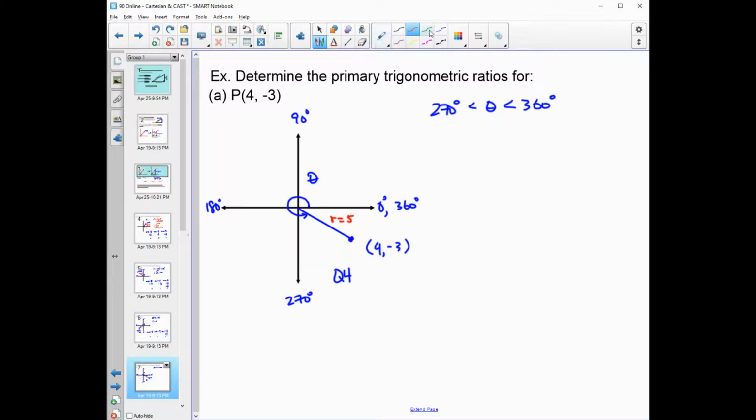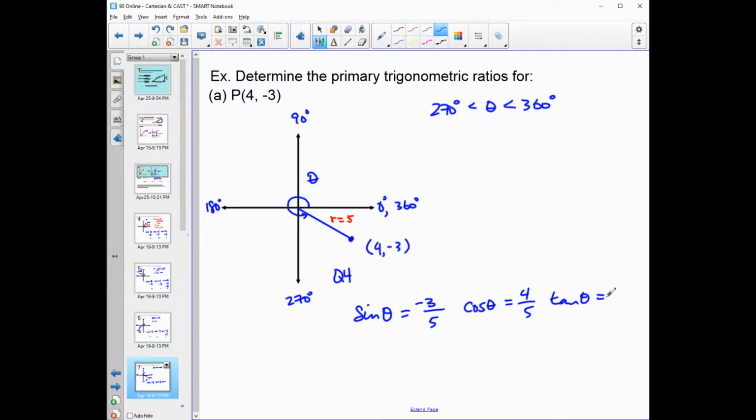So I think we've got all the information we need to check the sine of theta, which is y over r. The y coordinate in this case is -3, and the r value is always positive, so that's 5. The cosine of theta is x over r, that's 4 over 5.